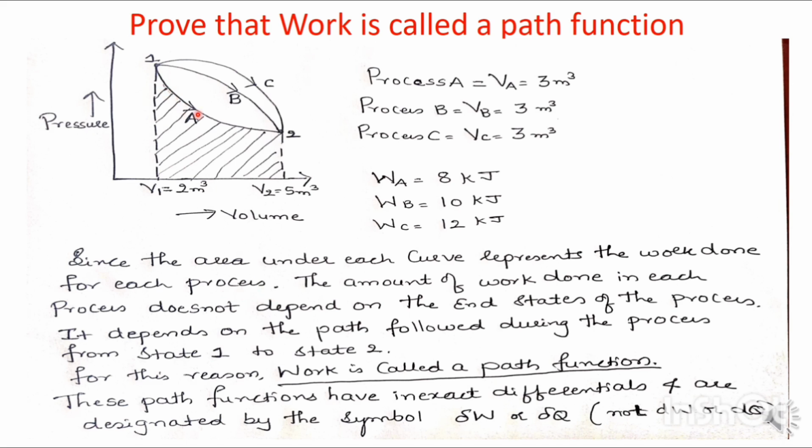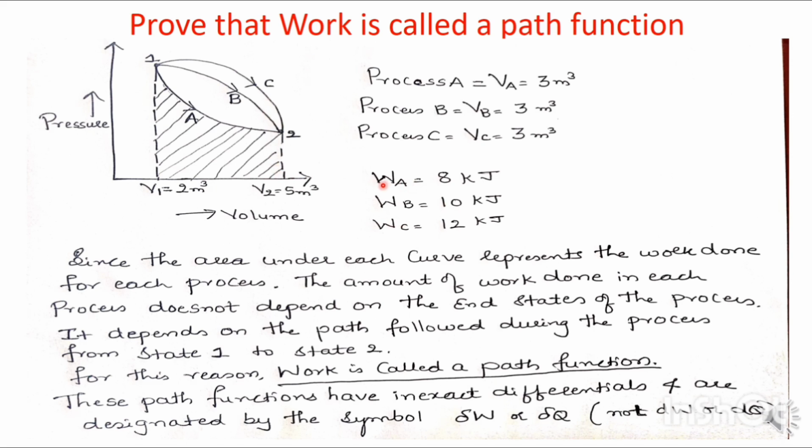So the area under this curve represents the work done during process A, the area under this curve represents the work done for process B, and the area under this curve represents the work done during process C.